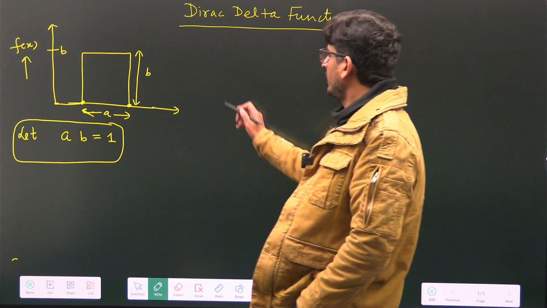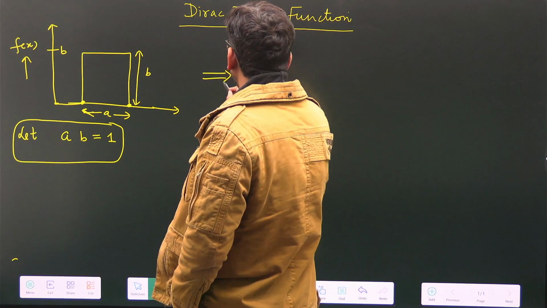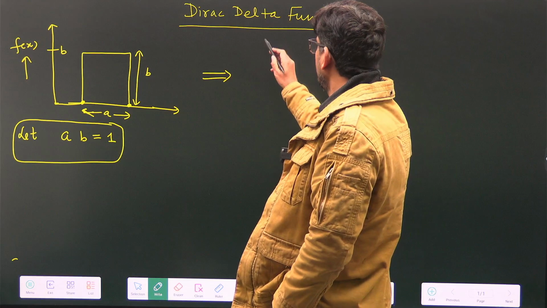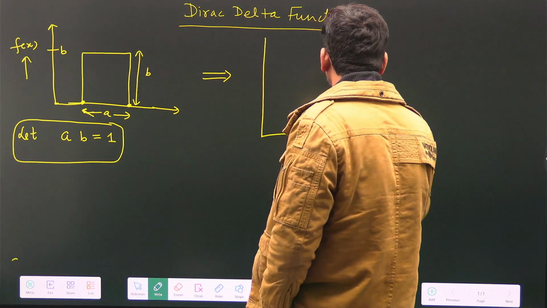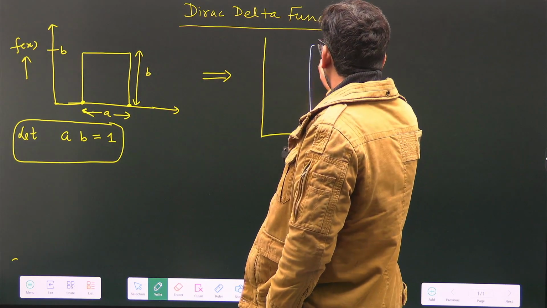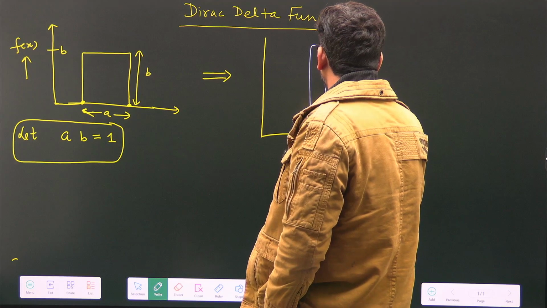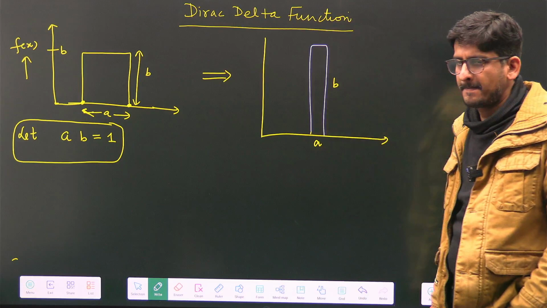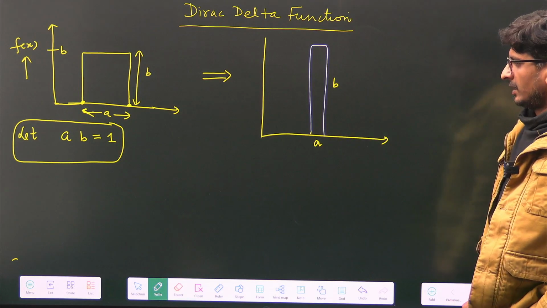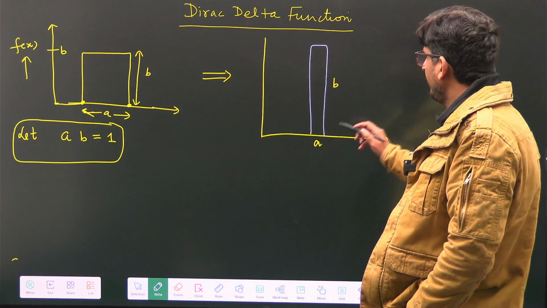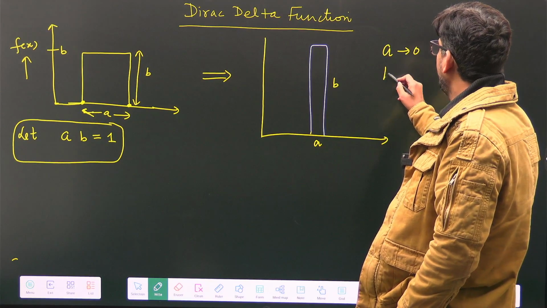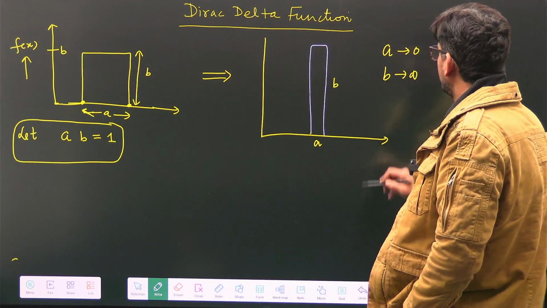But what I want is that I will squeeze the value of a, and the height b will become very, very large.